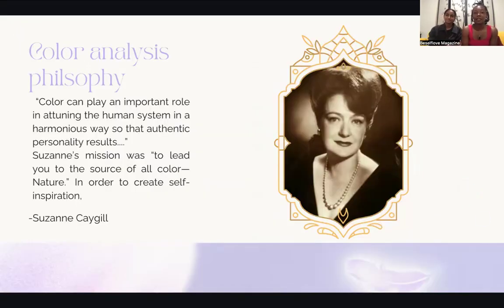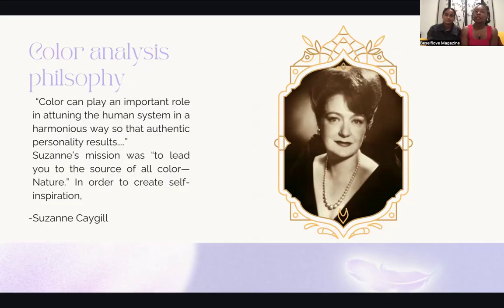The Color Analysis Philosophy by Susan Kegel. She says color can play an important role in attuning the human system in a harmonious way so that authentic personality results. And this is a big deal because there's always conversation on who am I, what is my authentic self, that type of finding who you are kind of conversation.